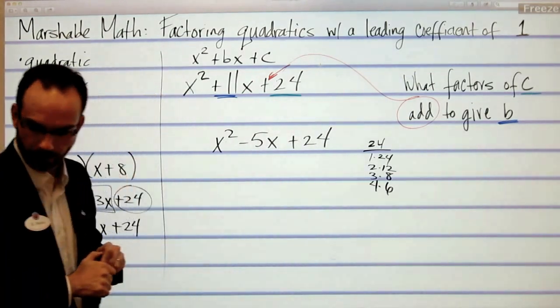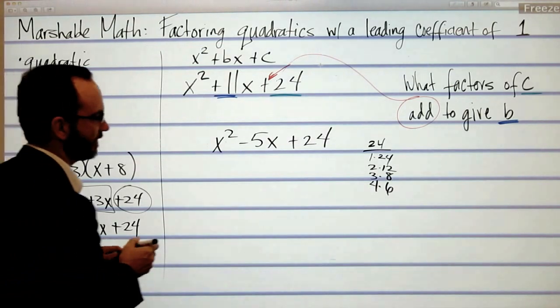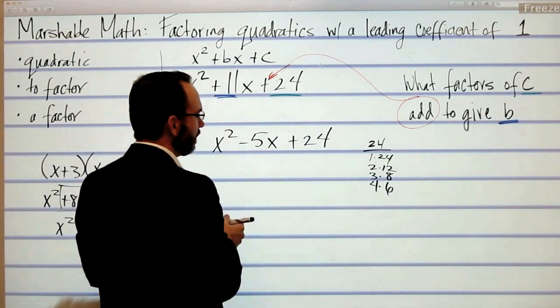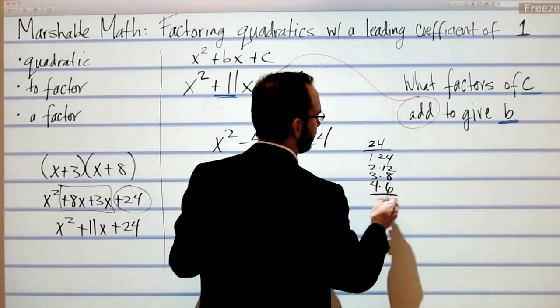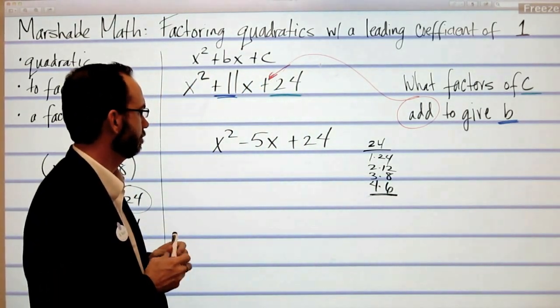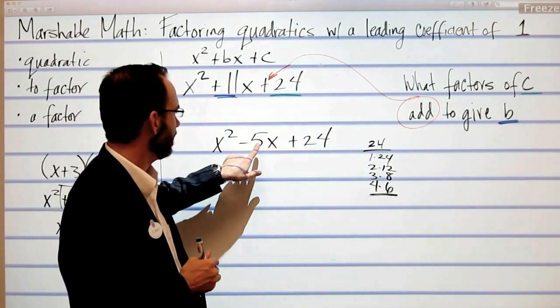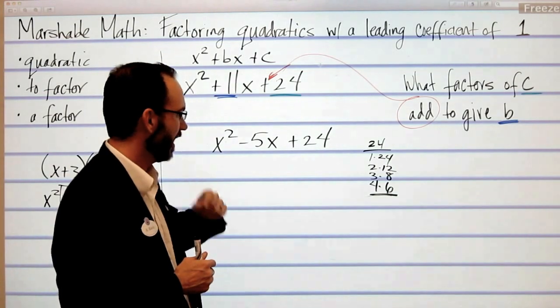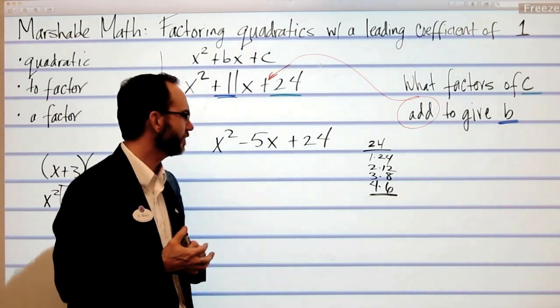Nope. 5 doesn't go into 24. 6? Well, I've already got 6. Factors of 24 that when I add them give me 5. I don't see anything that works.